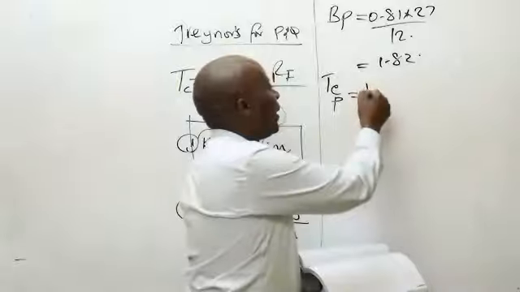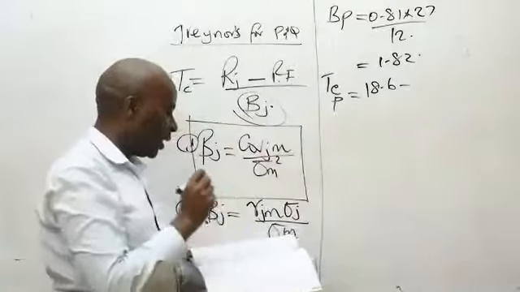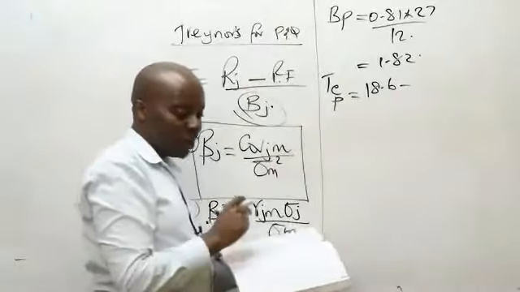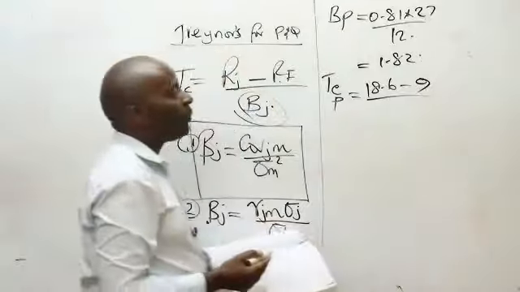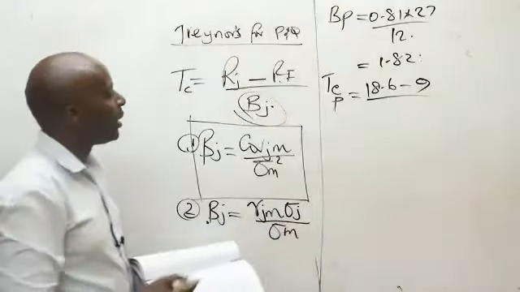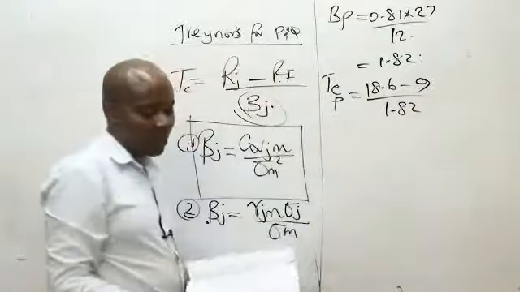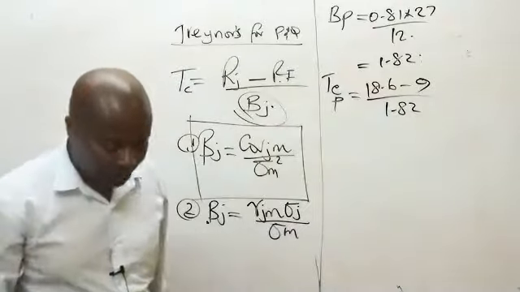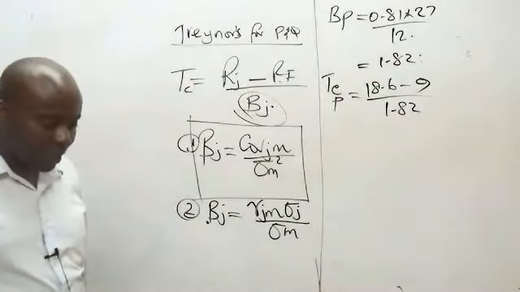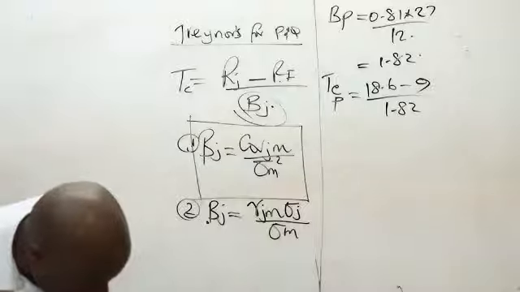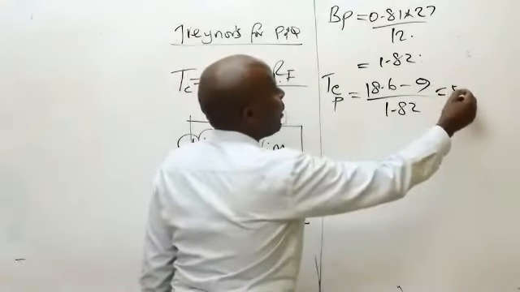So I have 18.6 minus the risk-free, which has been given down there as 9. Divide this by the beta of P, which is 1.82. So please give us an answer there. I can see from Dan, 5.27. Thank you very much.